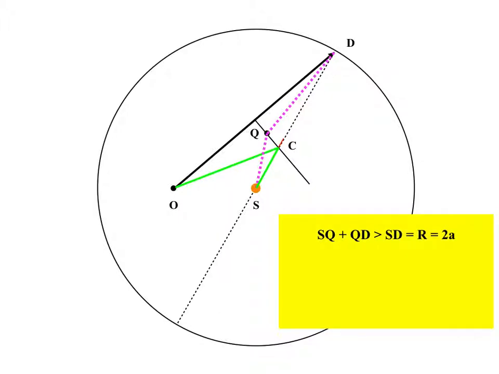But we have already shown that SD just equals R, which equals 2A, whereas QD equals OQ, and we can therefore substitute OQ into our inequality for QD.